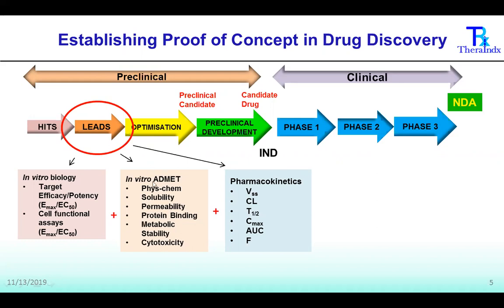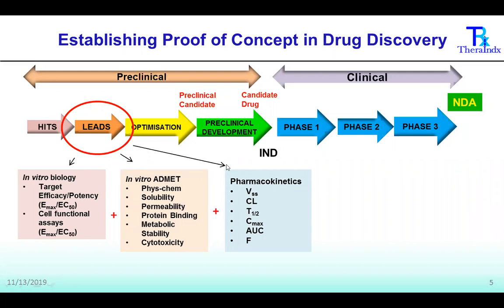Promising compounds from this enter evaluation of pharmacokinetics in animals, the preclinical species that is, estimating a variety of important PK parameters. At this stage, a lot of structure activity relationships happen between in vitro ADMET and in vivo pharmacokinetics, as well as between in vitro target potency and PK.